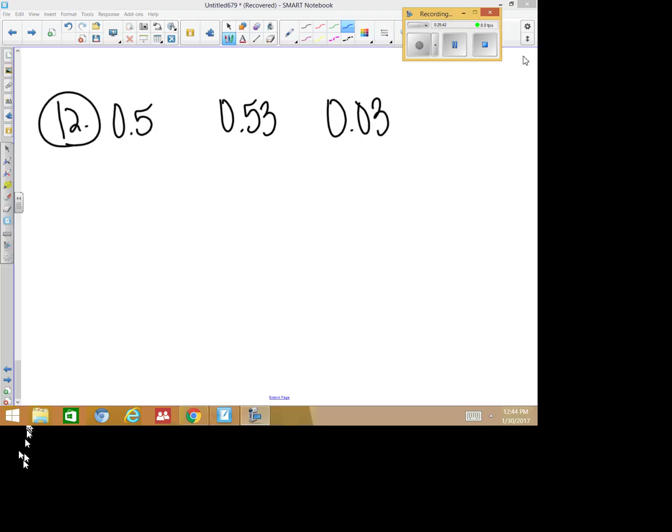Aiden, which one do you think is the biggest? Right. So what is this one with 2 decimal places? Right, very good. So Aiden is right. 53 is bigger than 50, isn't it? Okay, so now, who wants to tell me which one is less? Which one's the least? Right, 0.03. So circle the biggest, underline the least.